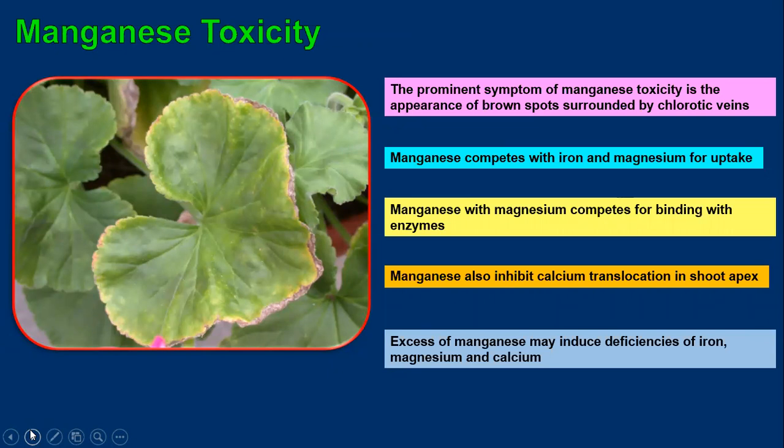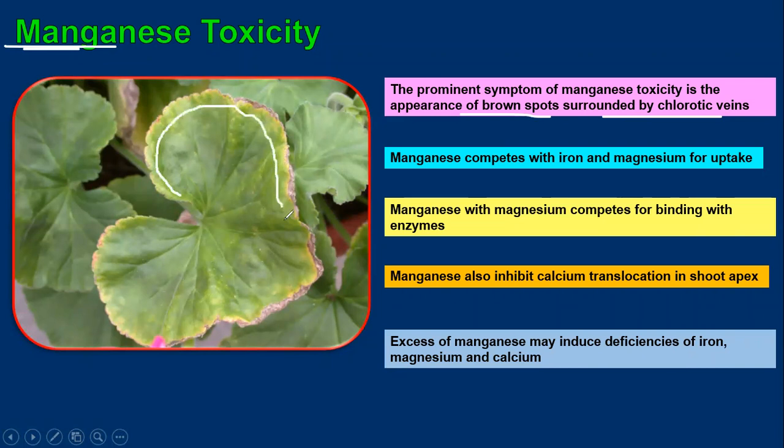Chlorosis, necrosis, inhibition of cell division, and all were what? Deficiency disorders. Now, the only toxic condition mentioned in the NCERT is manganese toxicity. The prominent symptom is brown spots surrounded by chlorotic veins. Chlorotic veins means what?